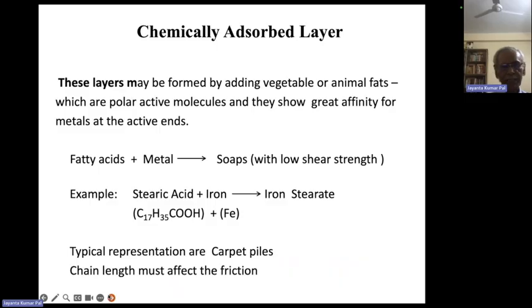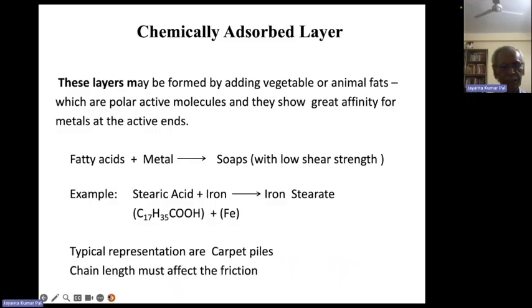So animal fat is a good way of producing a thin film of lubrication, which is ideally suited for boundary lubrication.